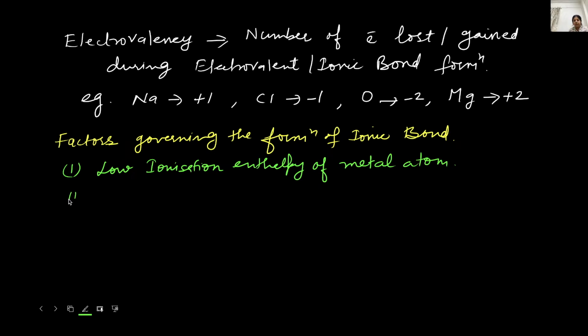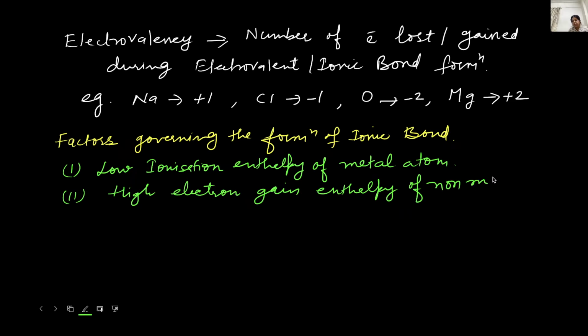And the second is high electron gain enthalpy of non-metal. So, what does this mean? Low ionization energy of metal and high electron gain enthalpy of non-metal. So, how can you explain these two terms?